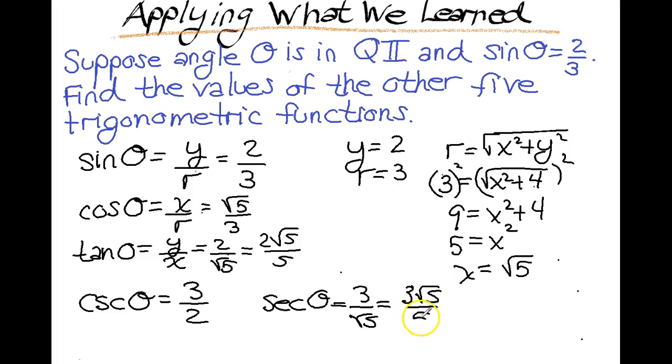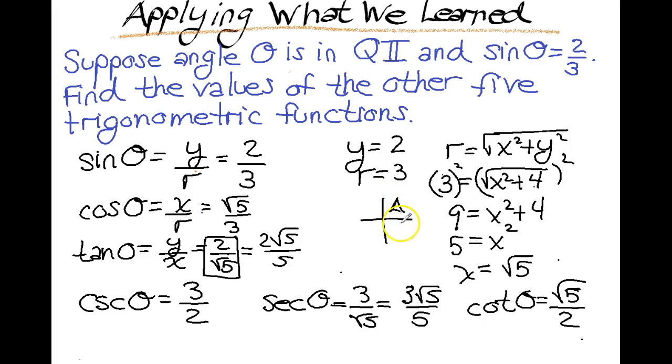And then last but not least, our cotangent function. Cotangent is the reciprocal of tangent, so I am going to use this guy right here and flip him so I don't have to rationalize. So there's our cotangent.